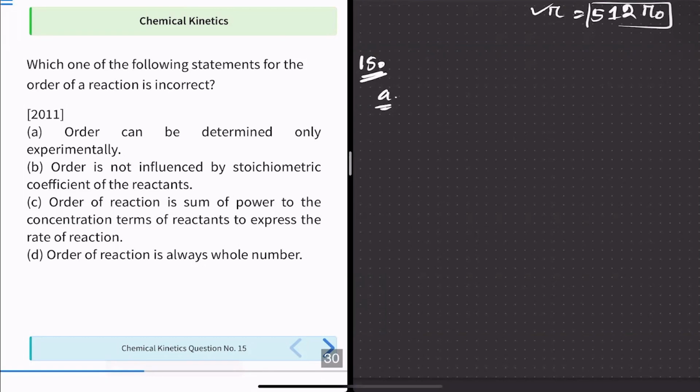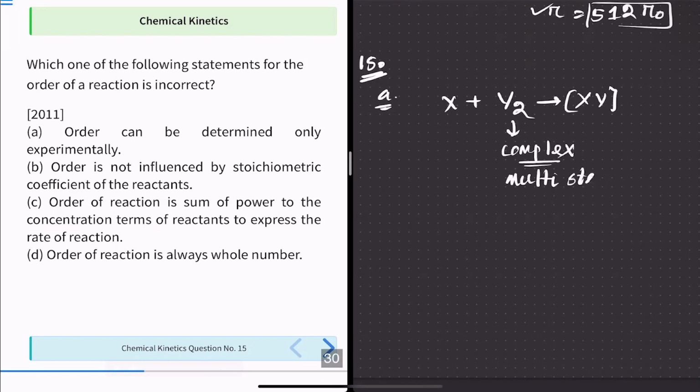In those types of reactions, we can't write X plus Y2 giving rise to XY plus XY. If it is a complex reaction or multi-step reaction, we can't write it as r is equal to k x to the power 1 or y to the power 1.